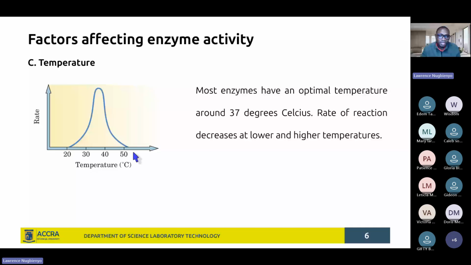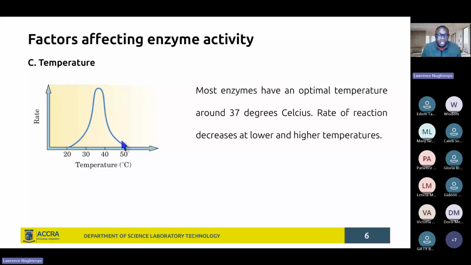And once the proteins get denatured, they lose their functional structure, and they will no longer be able to carry out their function of biocatalysis of the biochemical reactions. So obviously the rate of the reaction will reduce all the way until the reaction no longer takes place because all the enzymes are destroyed. They are denatured by high temperatures.